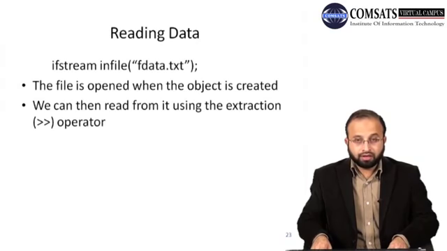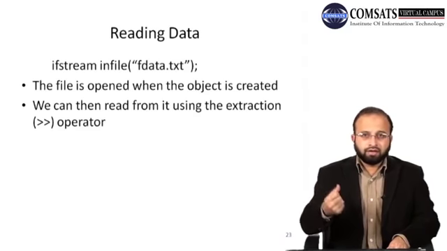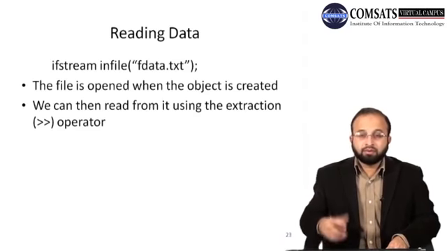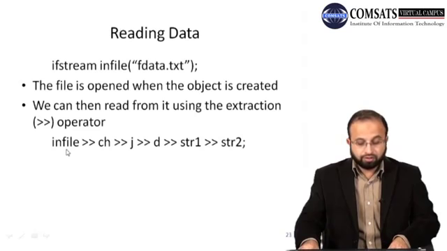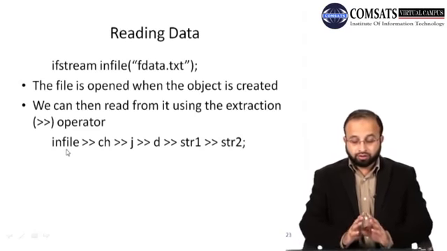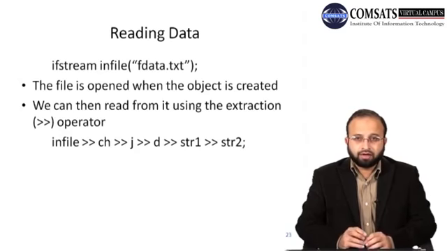So we can use infile and then the extraction operator, then the name of the variable where it should write the value. ठीक है, कहाँ से रीड करेगा? फाइल से रीड करेगा वैल्यू और उस वेरिएबल में राइट कर देगा. वेरिएबल में राइट करने का मतलब ये है कि वो मेमोरी लोकेशन जो वेरिएबल के लिए एलोकेट होते हैं वहाँ पर वो राइट कर देगा. So with that operation now we know that the first value we stored in the file is a character value, and then the integer value, and then a floating point, string and string, right. So we know the format of the file, in which order the records were stored there, right.